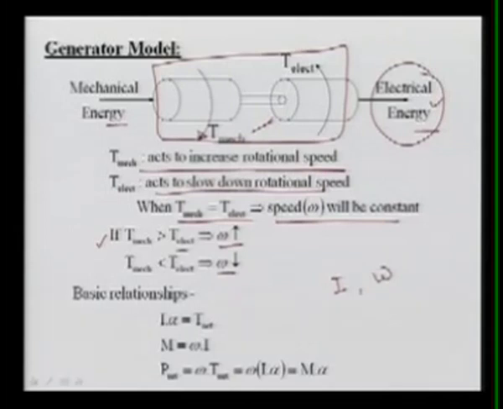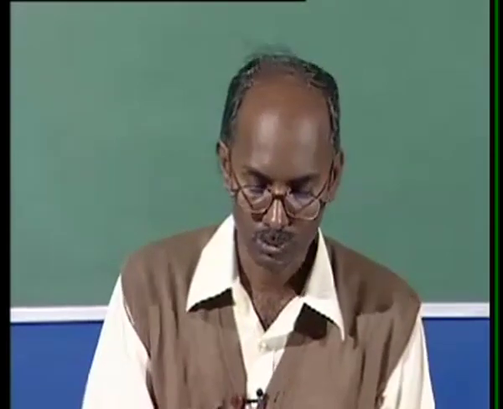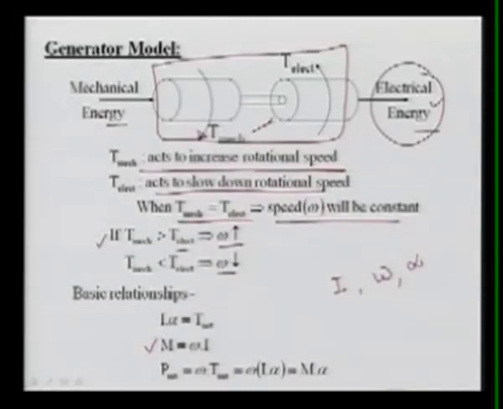We will also use the angular acceleration alpha, because if there is any mismatch, there will be a change in omega. Another term is M, the angular momentum, which is defined as the inertia constant multiplied by the speed omega.